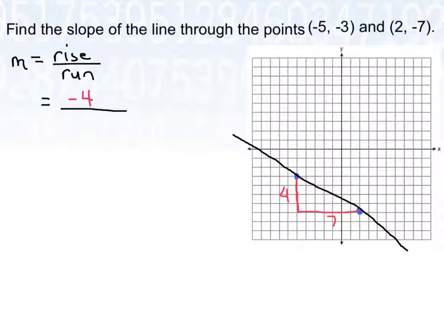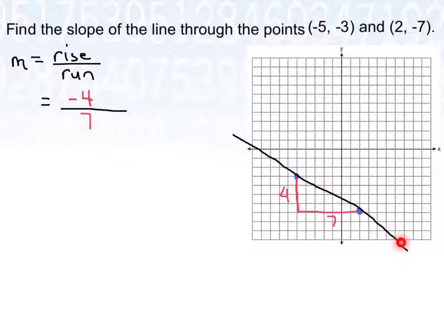And we moved 7 to the right, so that indicates a +7 in the denominator. So we have calculated our slope. The slope is -4 over 7. That makes sense with our understanding of negative slopes: lines with negative slopes decrease from left to right.